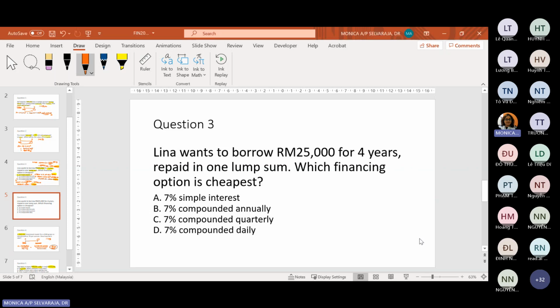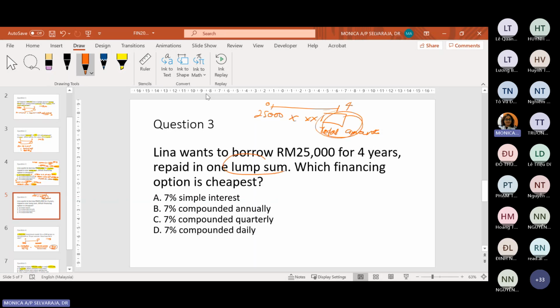So basically, lump sum means you are borrowing, okay? So you are borrowing 25,000 today. So you will pay in 4 years one total amount. That means in between, you don't pay any interest, only pay at the end.